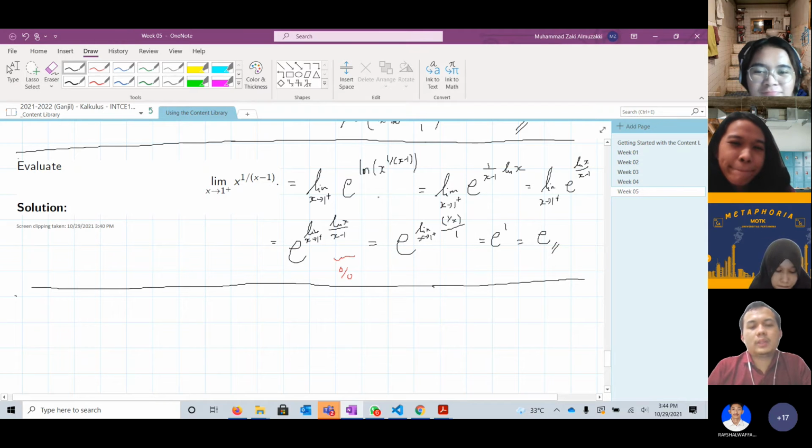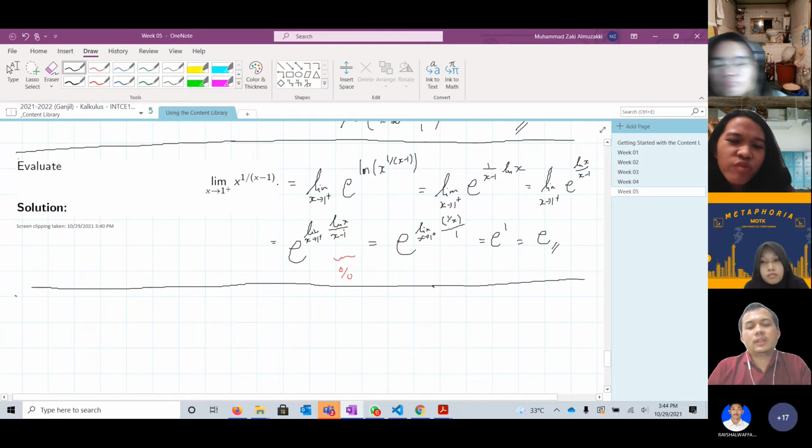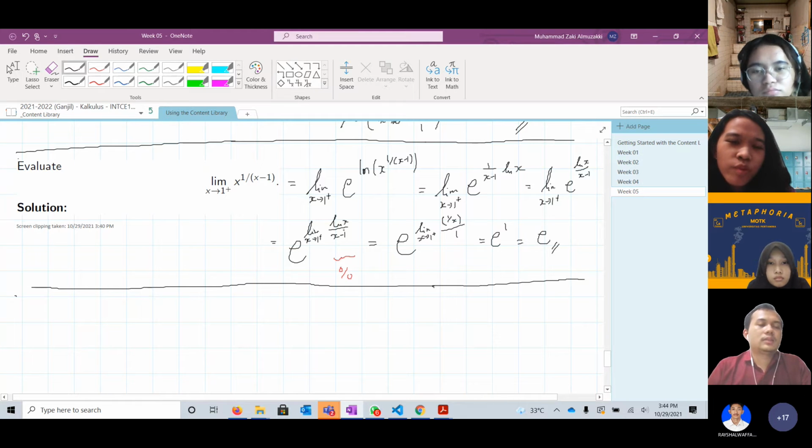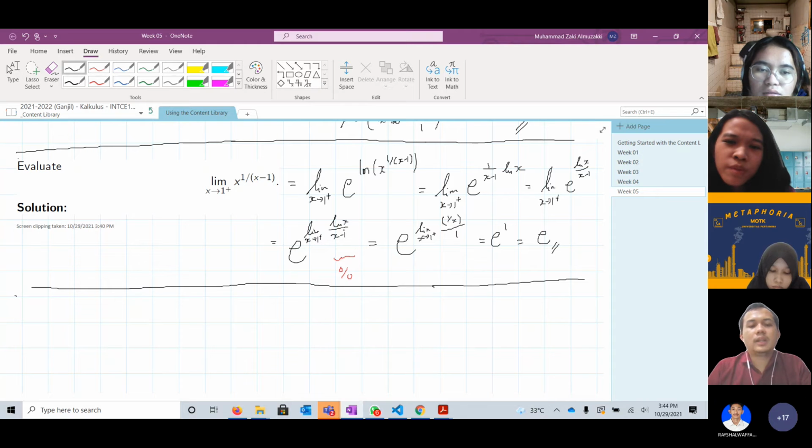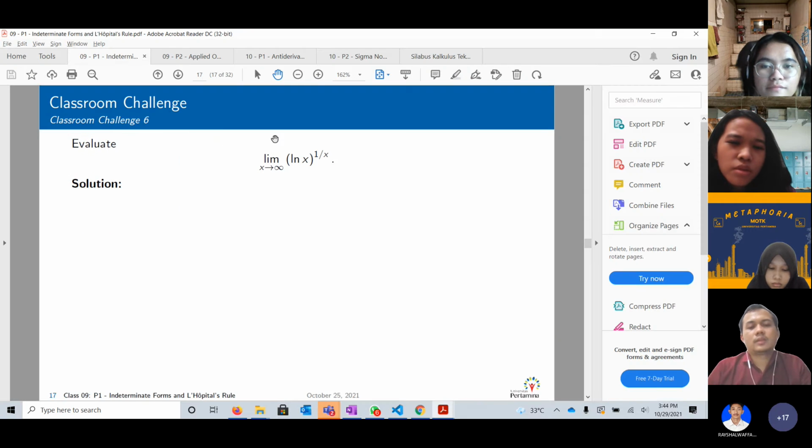Di sini mengapa diubah jadi bentuk e pangkat ln ini ya? Karena dengan seperti ini kita bisa mendapatkan bentuk pembagian. That is the only reason. Because we can only apply L'Hopital's rule if we have quotient form. Jadi kita cuma bisa apply aturan L'Hopital kalau kita punya pembagian. So for this one, I think you can do it by yourself.